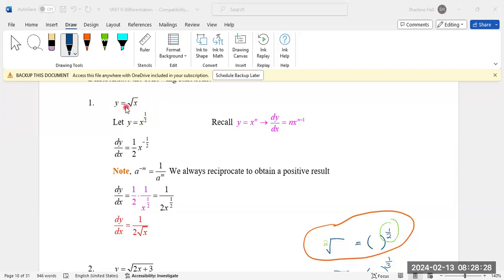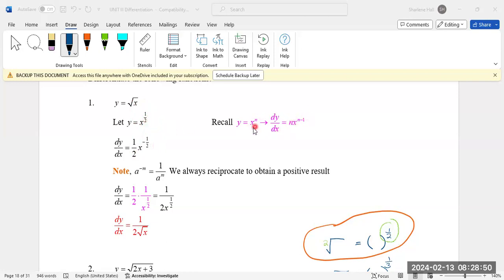So once I do that simple conversion first, then I'm going to go ahead and differentiate the function normally. When I differentiate the function normally, it's going to be a half. It's going to multiply in front to give me this 1/2, x to the half minus 1.